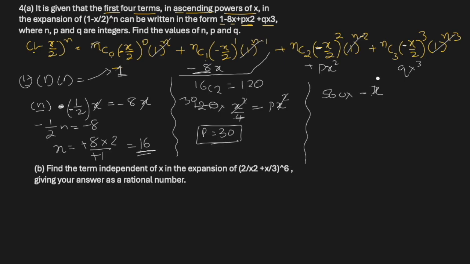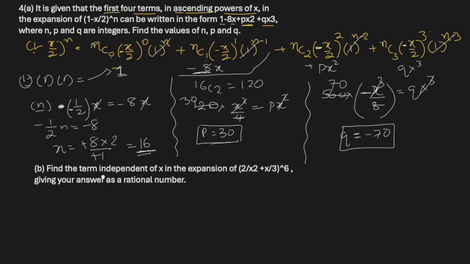Let's write x cube over 8. Yes, 2 cube is 8, x cube is x cube, and that is qx cube. So x cube can cancel from both sides, and this 8 can cancel with this, which gives 70. So negative 70. Q comes out to be negative 70. We got all of them.